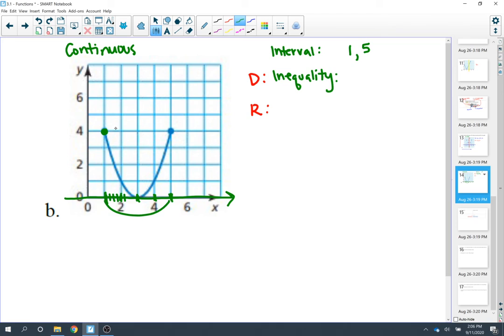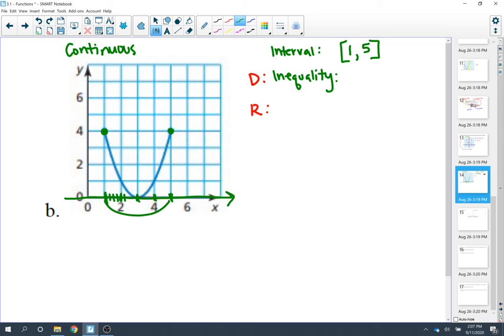Meaning, am I actually touching at 1? The answer to that is it's a closed dot. I'm touching it, so you're going to put a bracket. Same thing over here when I get to 5. And again, you're looking down at the x value. It's a closed dot, so we put a bracket. So you're telling me that your domain is any number between 1 and 5 touching at 1 and 5.